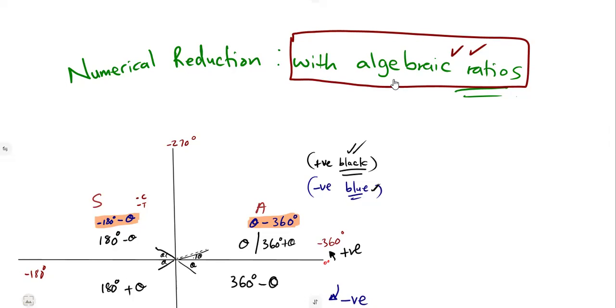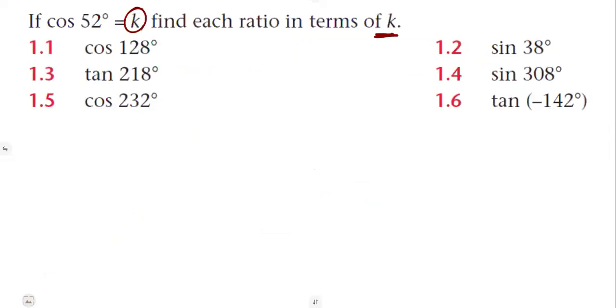A certain ratio which has an algebraic ratio like what we are given here. The cos of 52 degrees is equal to k. What does it mean? From our ratios, from the concept of SOHCAHTOA, we understand that these ratios can be written as fractions.